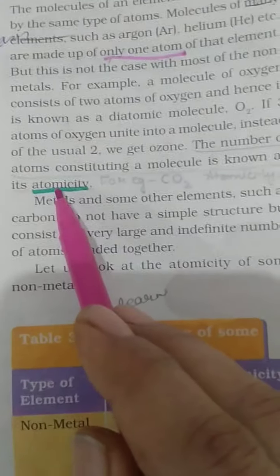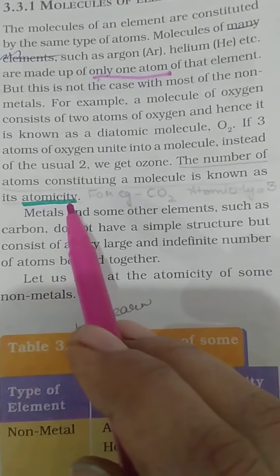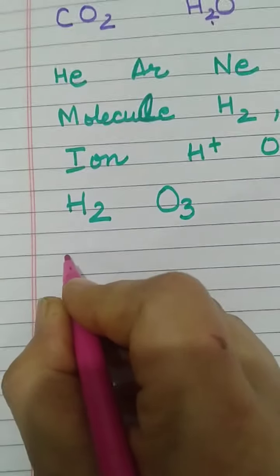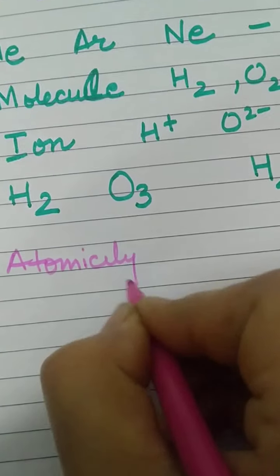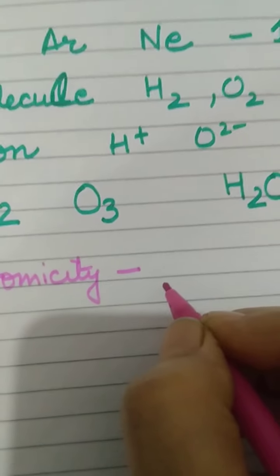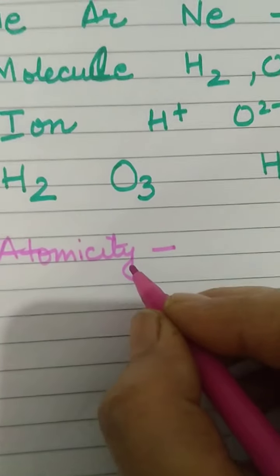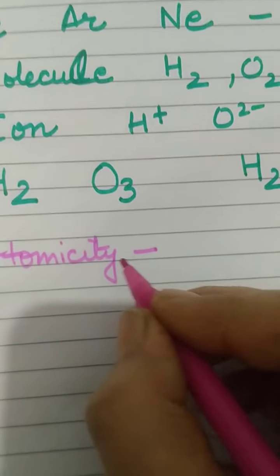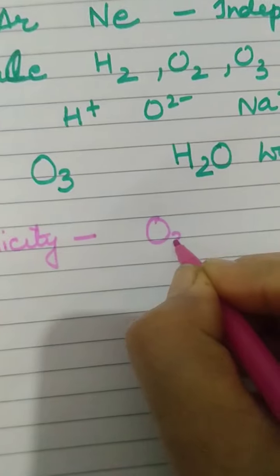So now a very important term to be learnt, students, that is atomicity, right? What is atomicity? Atomicity is the number of atoms in a molecule. For example, I have written ozone.